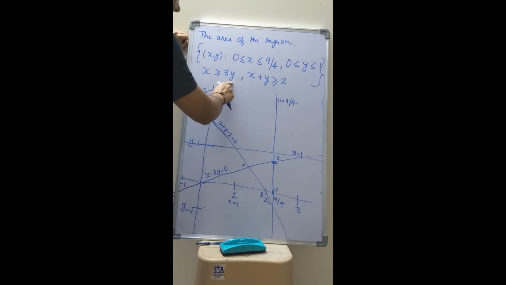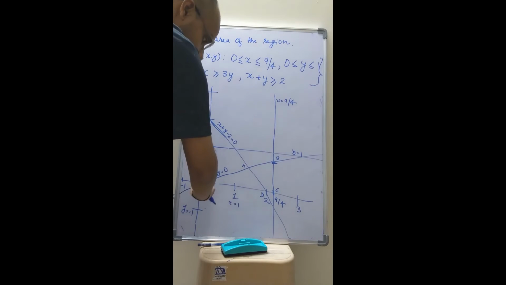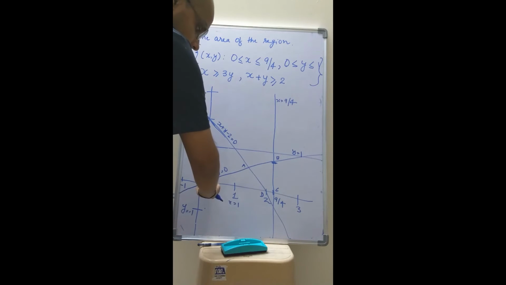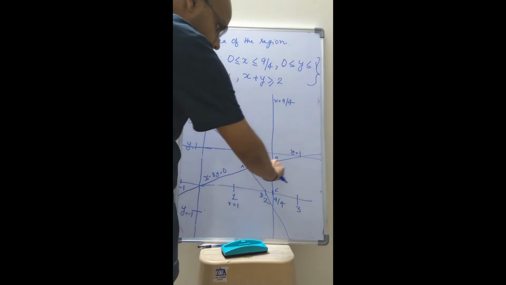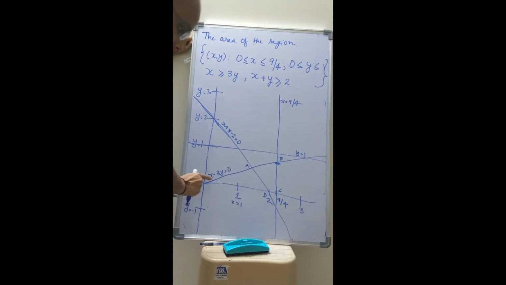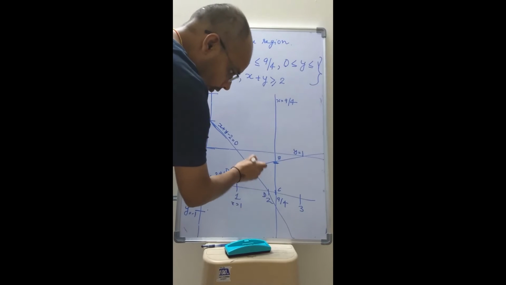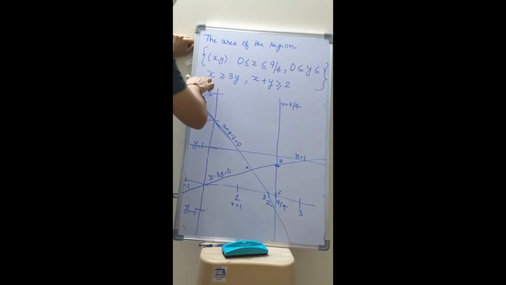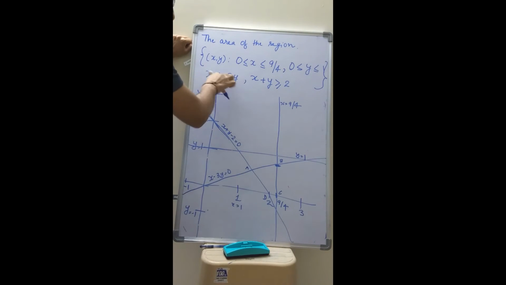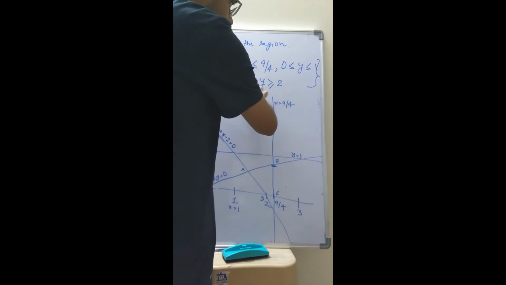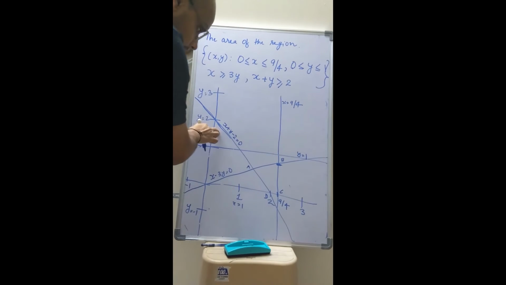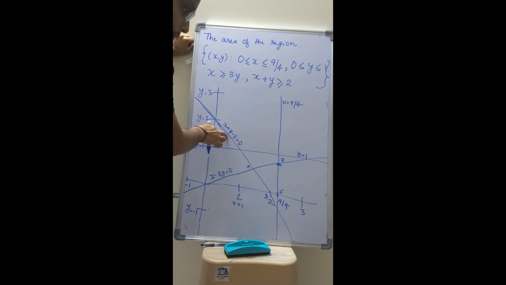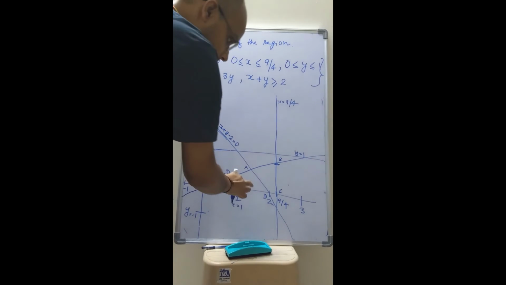And then x greater than 3y. This is the line which represents x minus 3y is equal to 0, right? And this below portion was the one which was making x greater than 3y. Then the last equation is x plus y greater than or equal to 2. This is the line which represents x plus y minus 2 is equal to 0, right?